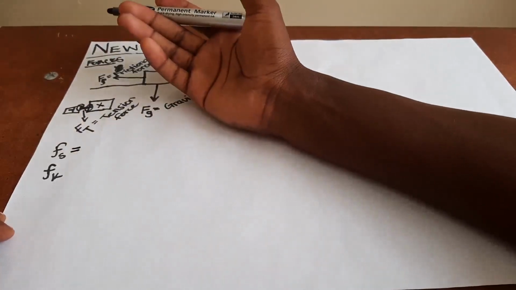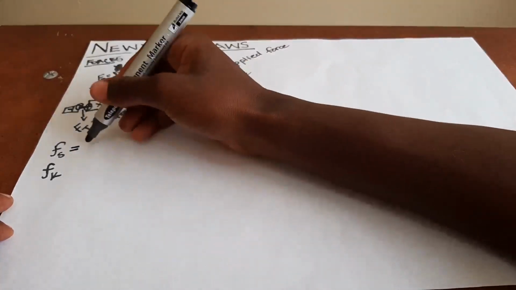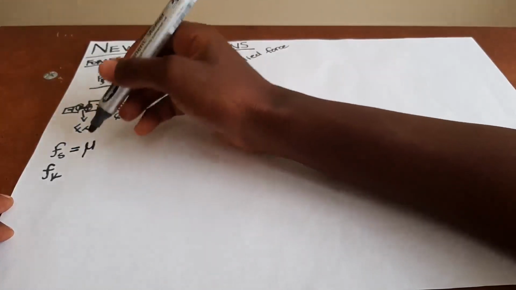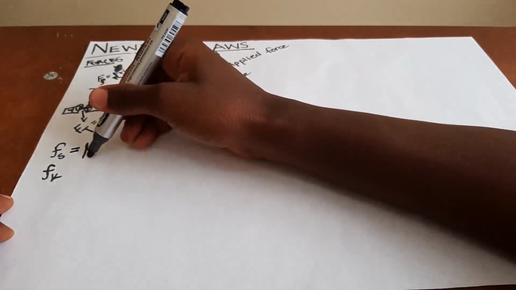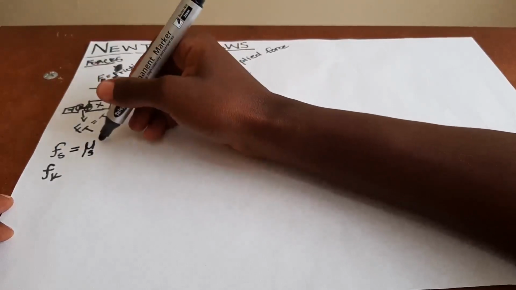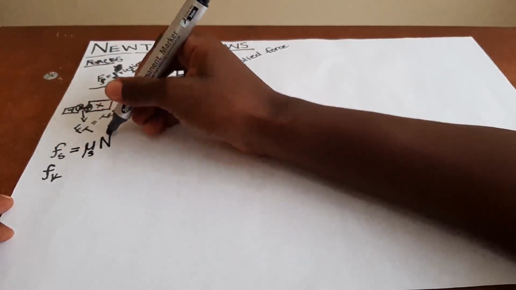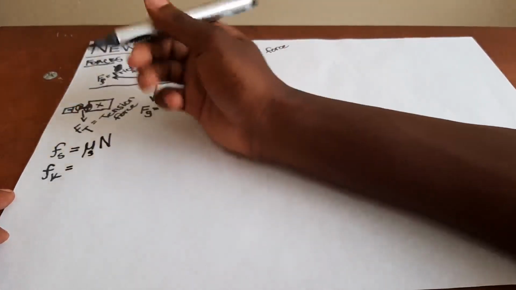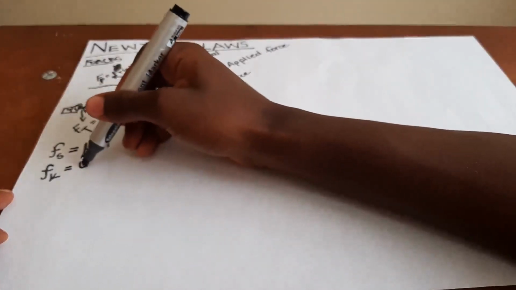So we also have mu, the static frictional force to the normal force. So this is mu times the normal force.